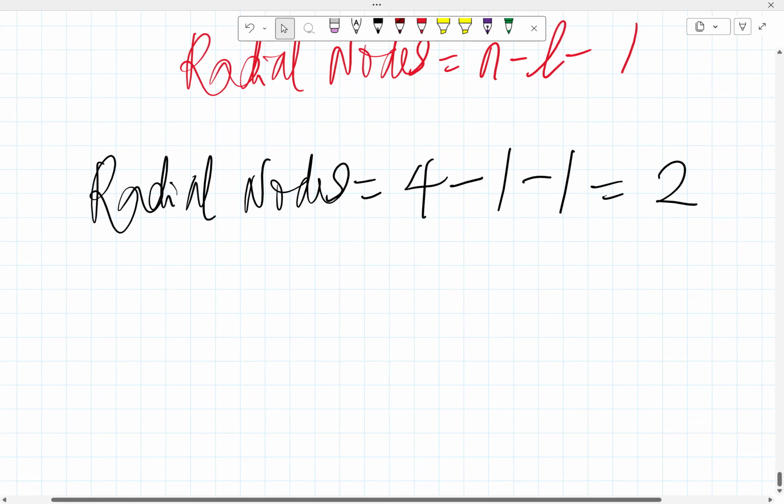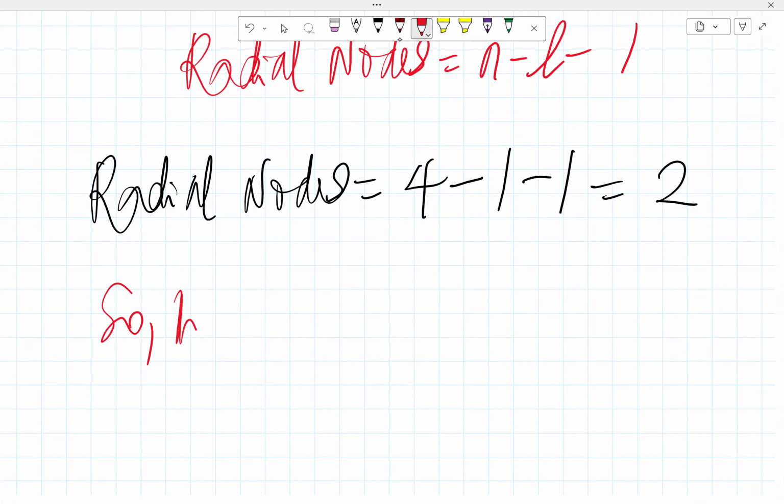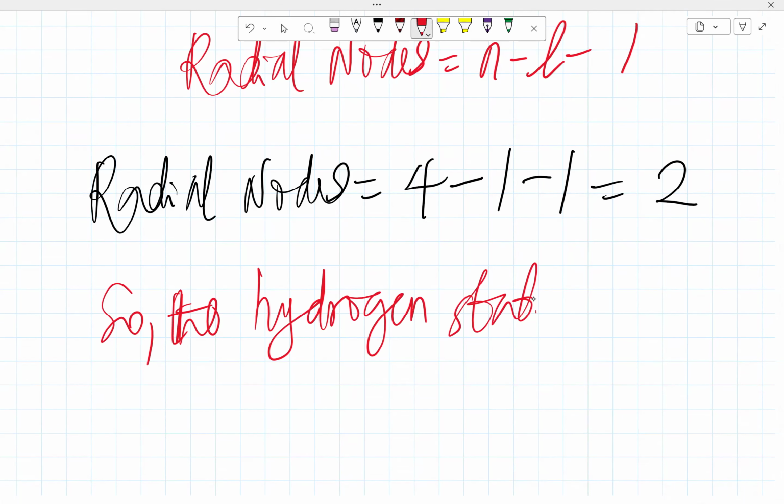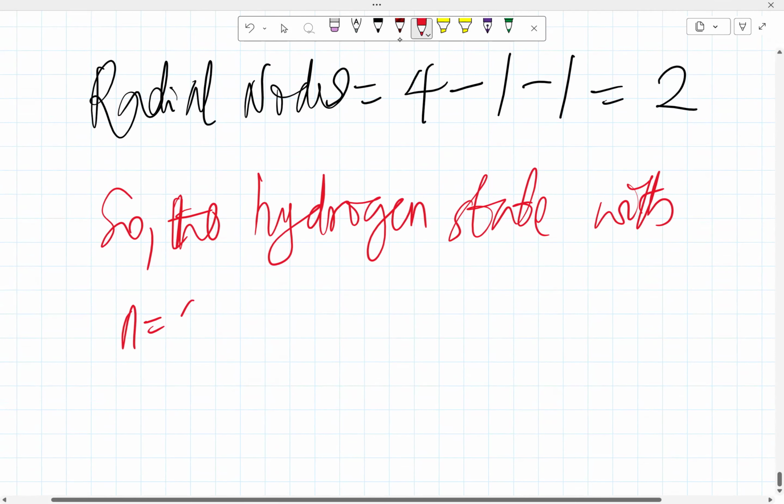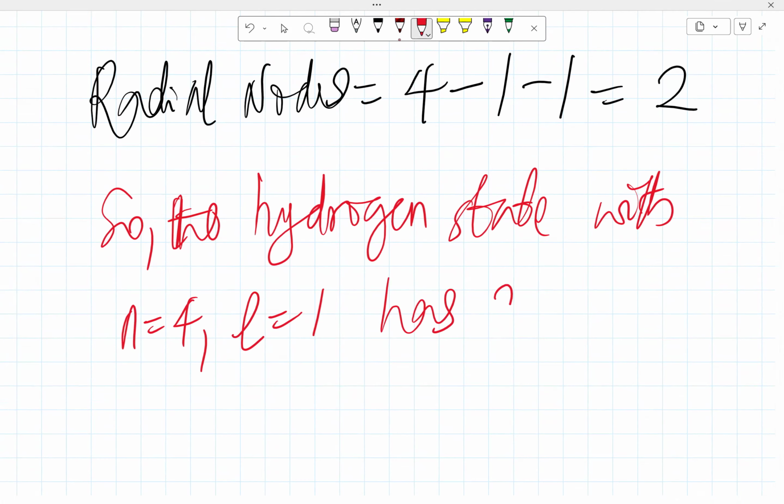So we can say that the hydrogen state with n equals 4, L equals 1 has 2 radial nodes. And what's the implication of that?